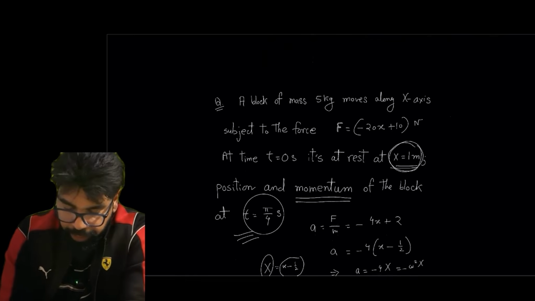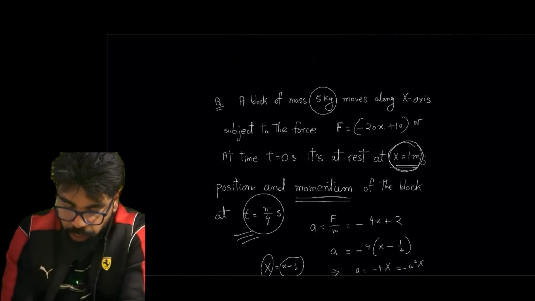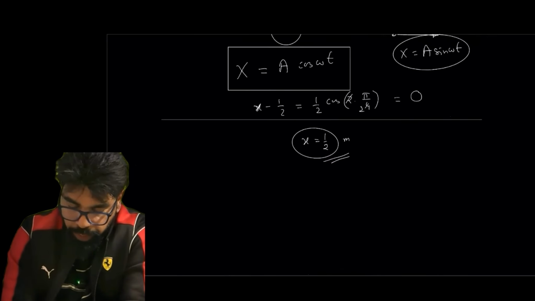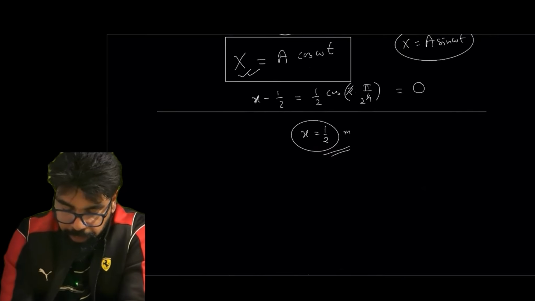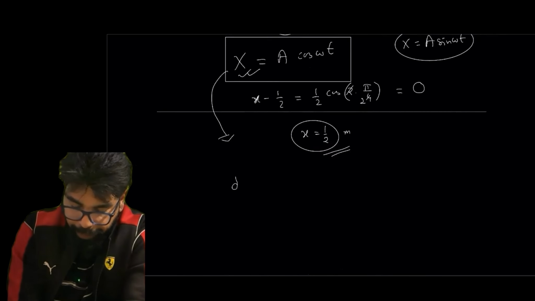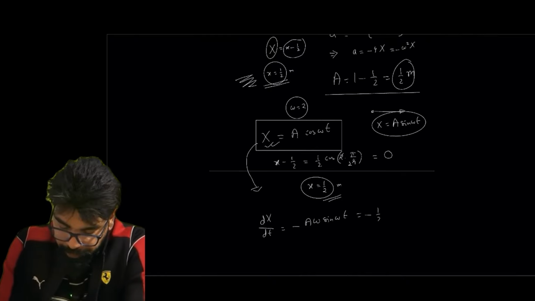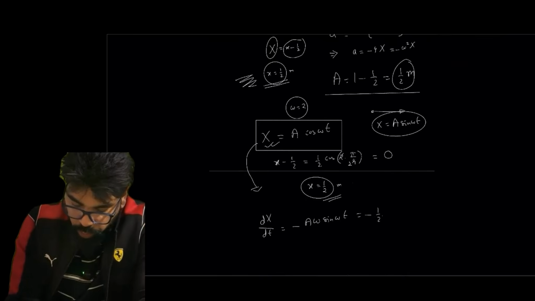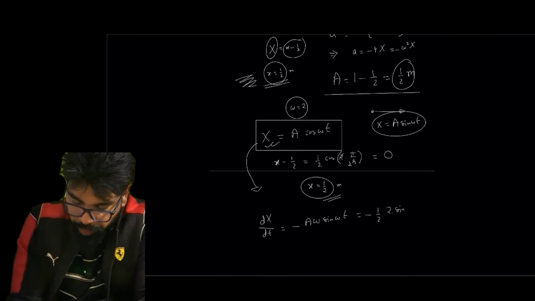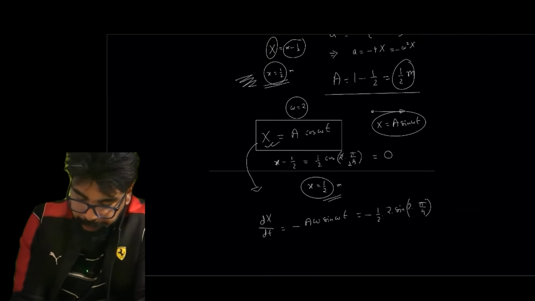Now we also have to find its momentum. Mass is already given, it's 5 kg, so we just need to find the velocity. To get velocity, we'll take the derivative of the displacement. So dX/dt is -Aω sin ωt. The amplitude is half, omega is 2, and sin(ωt) with omega 2 and time π/4. The 2 and 4 will cancel and it becomes π/2, and sin(π/2) is 1.